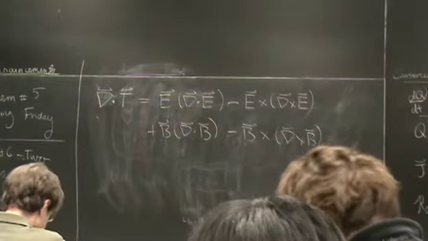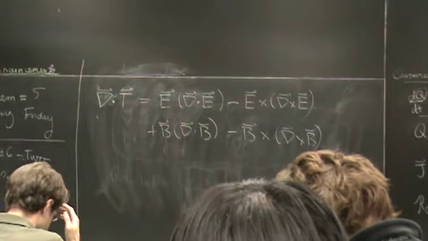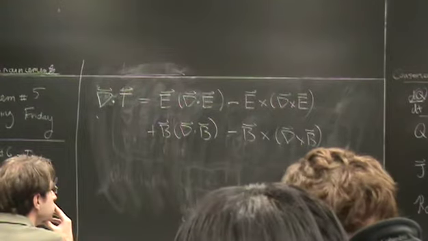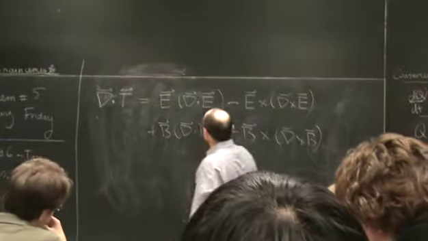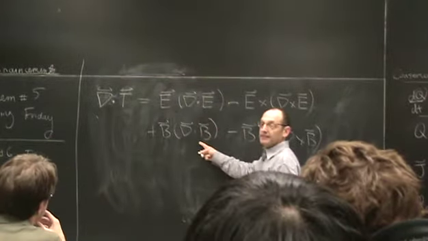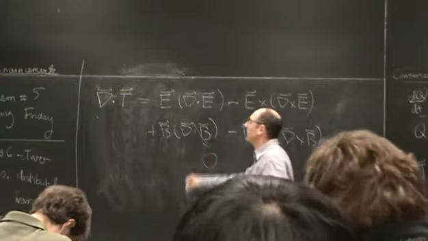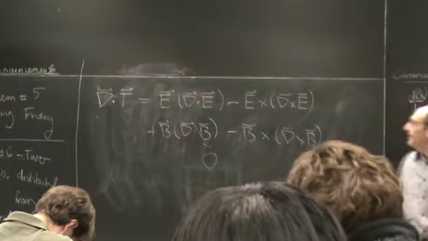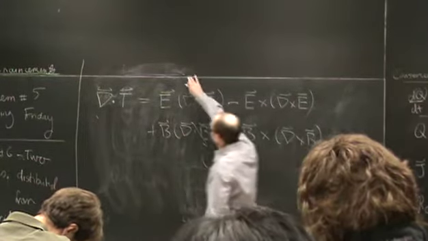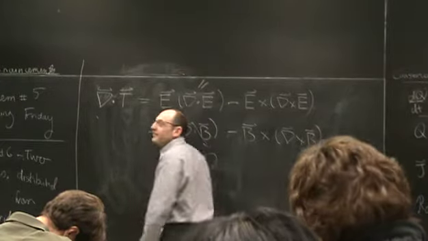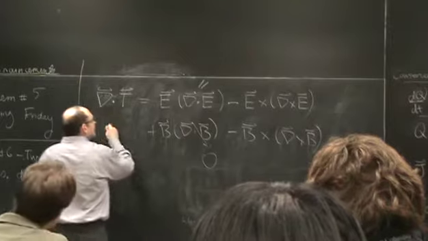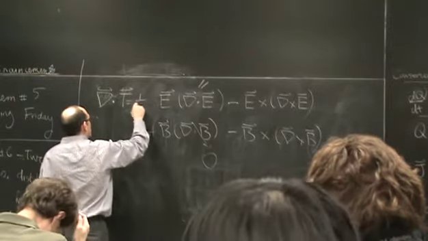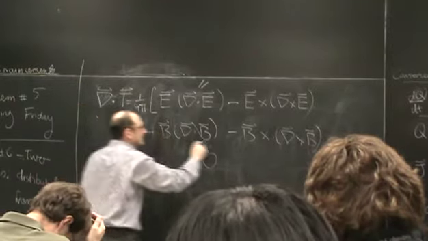All right, so now we got Maxwell's equations. So far I just said this is the stress tensor, this is the divergence of the stress tensor. What's del dot B? Yay, something is 0. Del dot E is equal to, oh, this is all over 4 pi, isn't it? Yeah. 1 over 4 pi times everything.